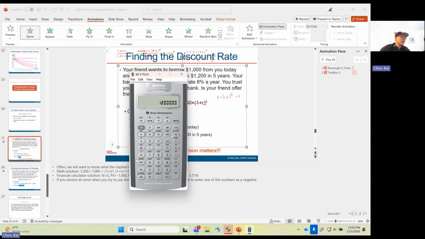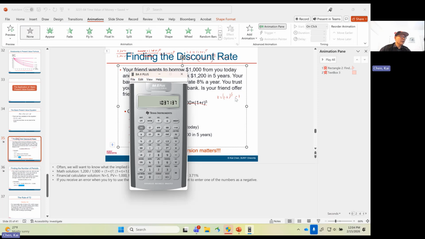I can put 1 over 5 into a parenthesis. After we click this one, then I calculate 1 divided by 5. Then close the parentheses. That is 0.2. And then click equal sign.